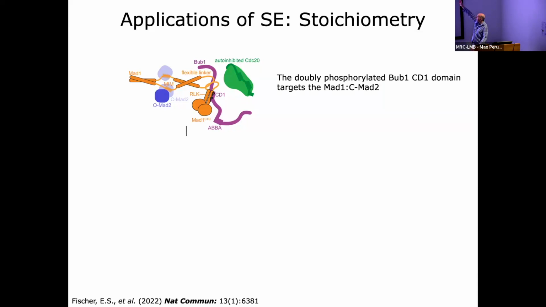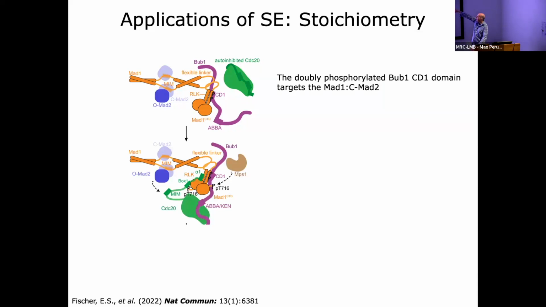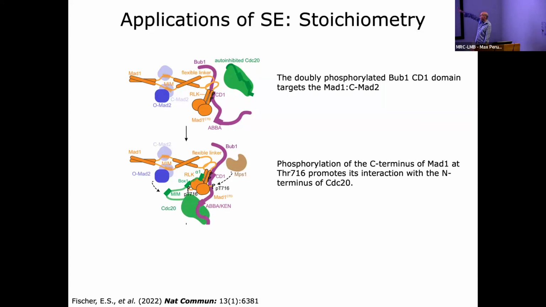They know that BUB1, the CD1 domain, binds onto the MAD CTD. They also know that phosphorylation of MAD1 promotes the interaction with CDC20. So this is all quite complicated.